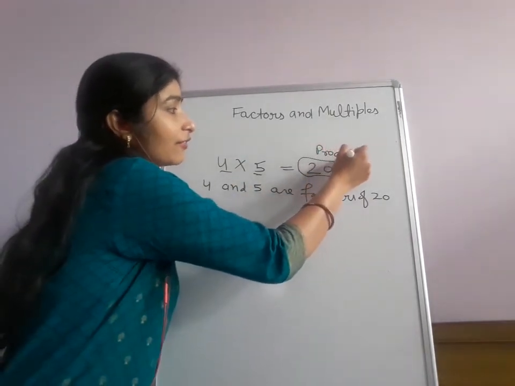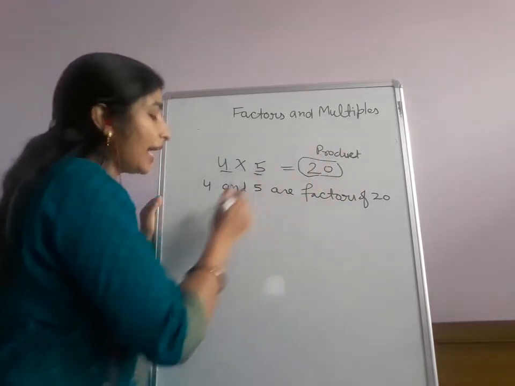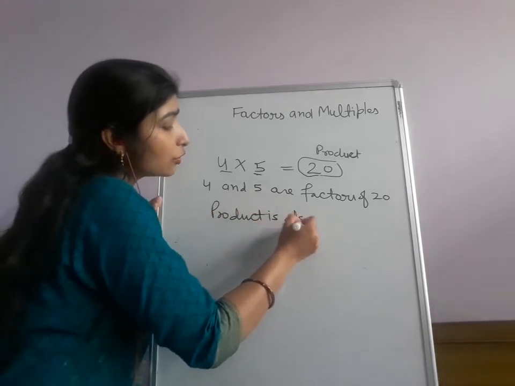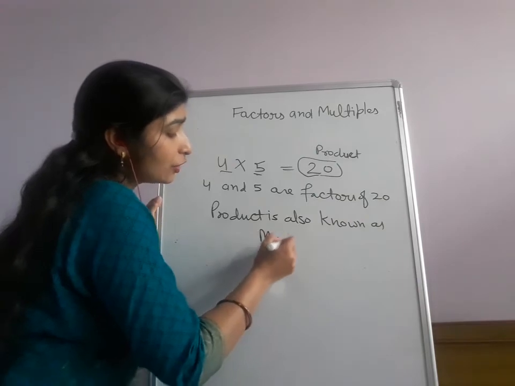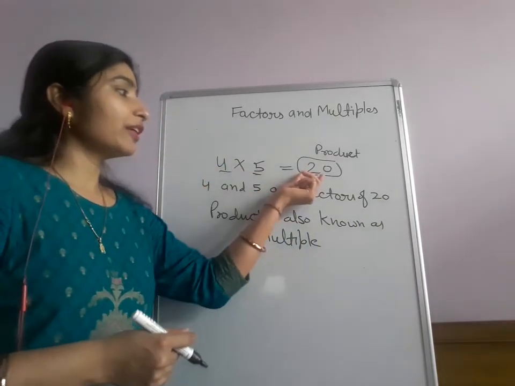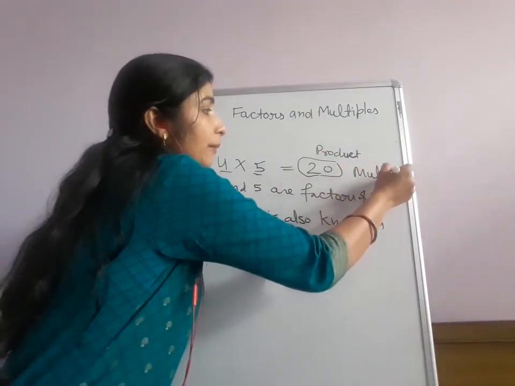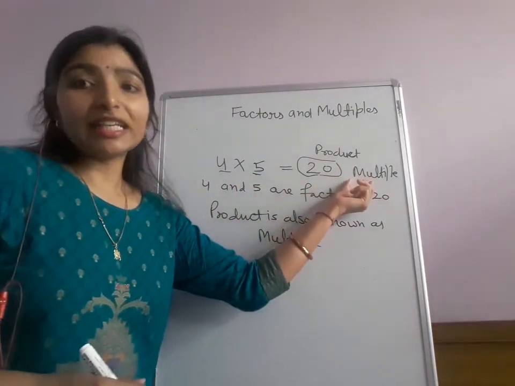You say na कि when you multiply two number we are getting the answer, that is called product. And product is also known as multiple. तो यहाँ पर अगर हम when we multiply two number what the answer is getting, that is called multiple. That is called multiple. So now here the concept is coming multiple.